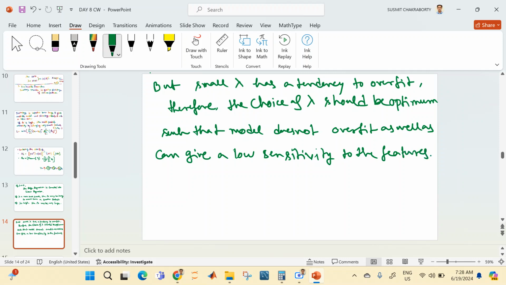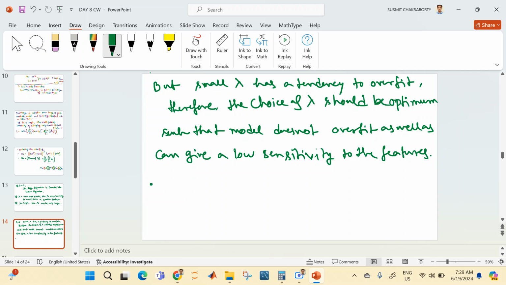Low sensitivity to the feature means if any feature value is slightly changed, then the prediction is also changed slightly. It is not changed abruptly. So this is the sensitivity of any feature.